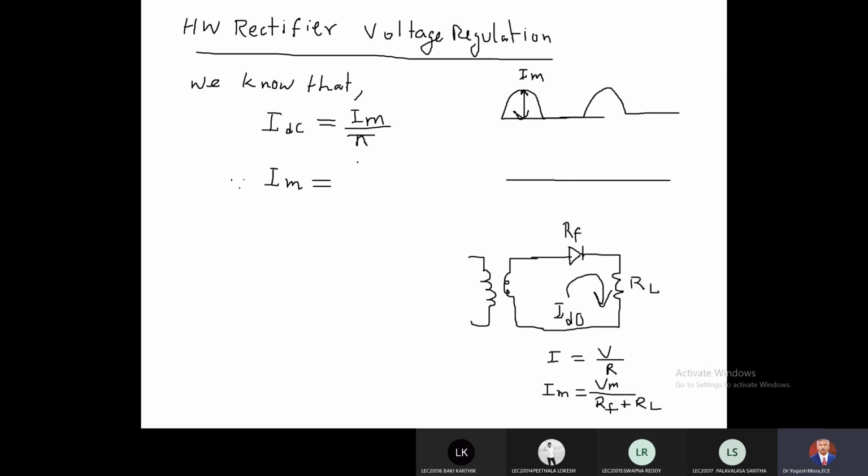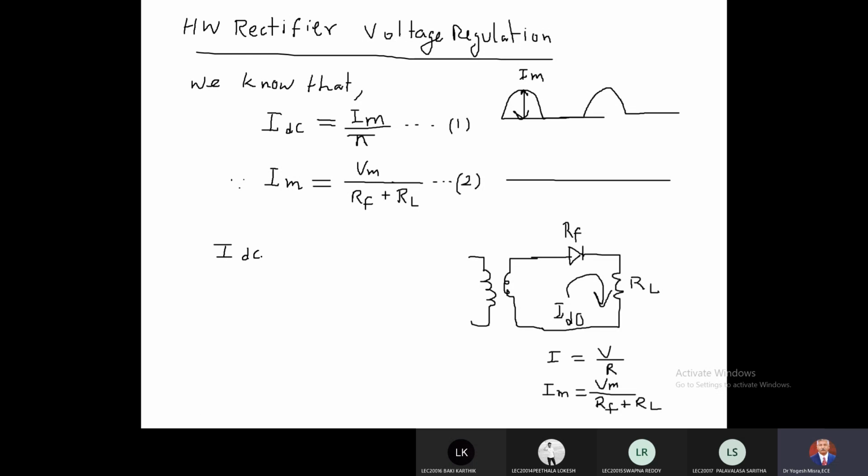So Im is equal to Vm by Rf plus RL, right? We call this equation 1 and this is my equation 2. So from 1 and 2 I can write IDC.